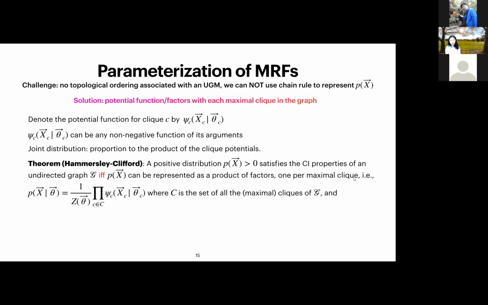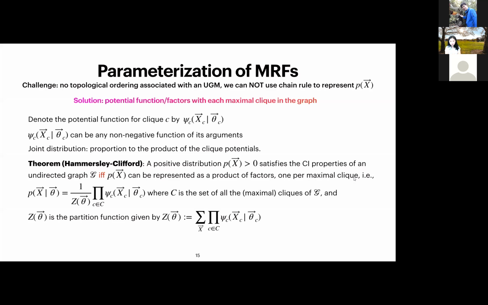In other words, the probability of x conditioned on theta is going to be represented as the product of these potential functions for each maximum clique, divided by some normalization, which we call the partition function.